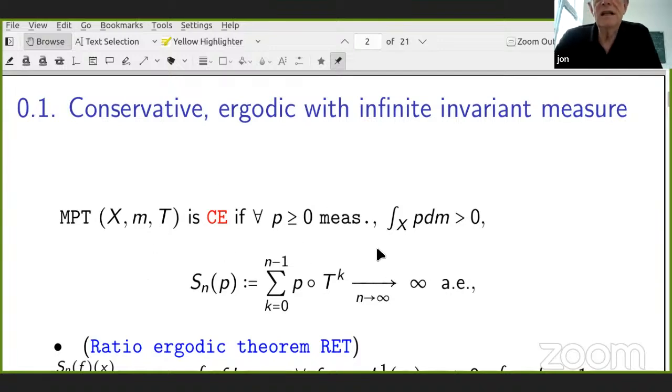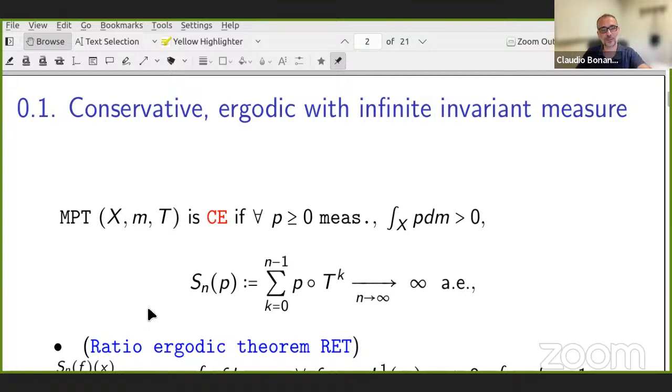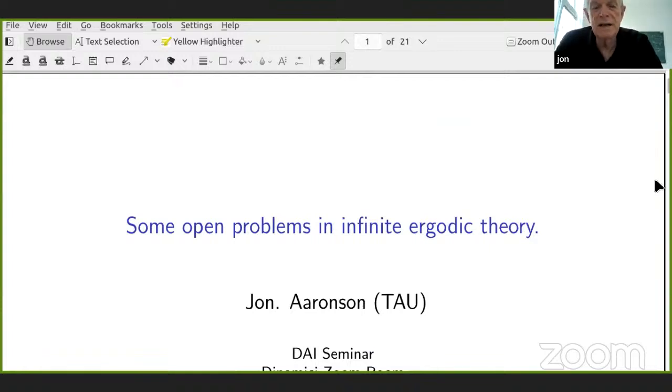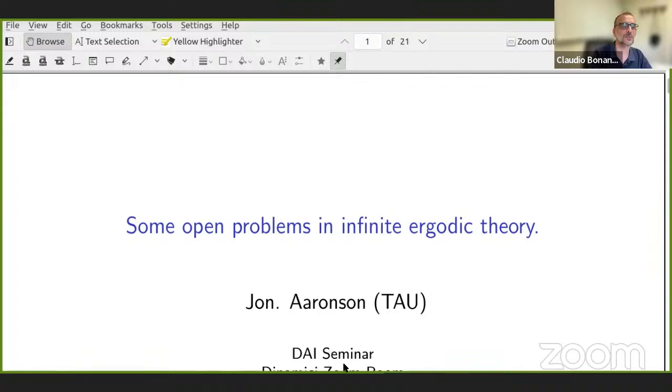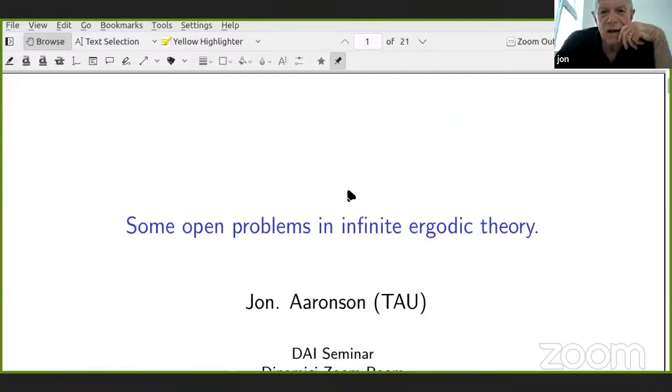Sorry for interrupting you, but I can still only see the upper part of the slide. I don't see the statement of the ratio ergodic theorem. You don't see it? I don't know what to do. If you go to your window, the view options. I just get out of the thing. No, if you use your view options, probably you can. I have chat, notes, reactions, annotation. No, share is fine.